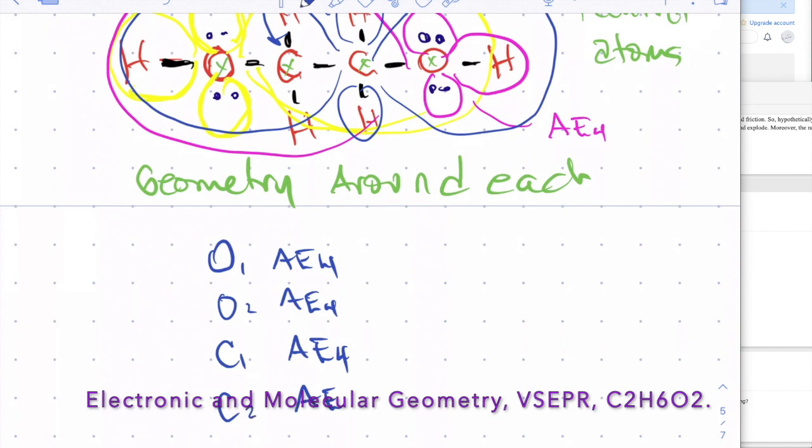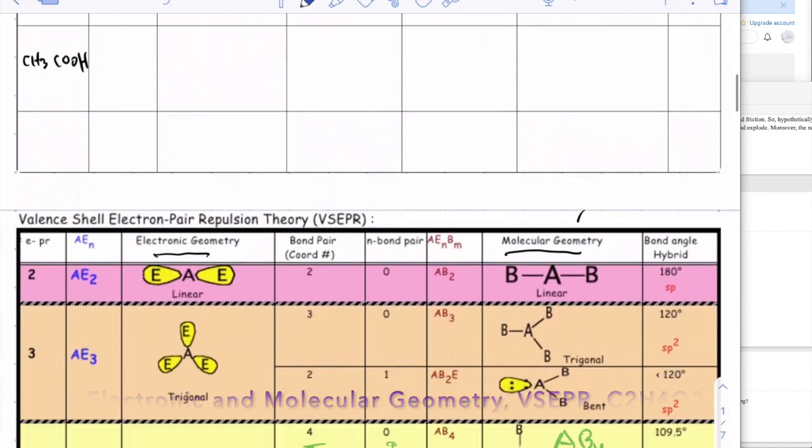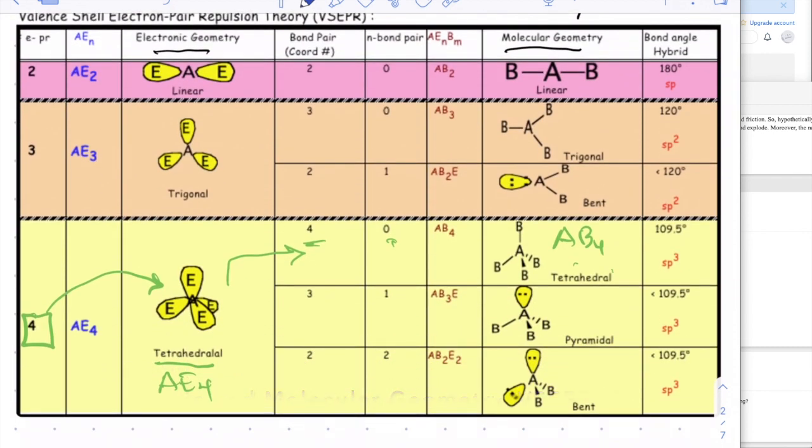And let me just remind you through the chart what I mean by AE4. We go over here, you can see that there are 4 regions of electron density around the central atom. And in our particular case, the carbons have 4 bonded atoms around them, whereas the oxygen only has 2 bonded atoms and 2 lone pairs. So let's go back to our structure.